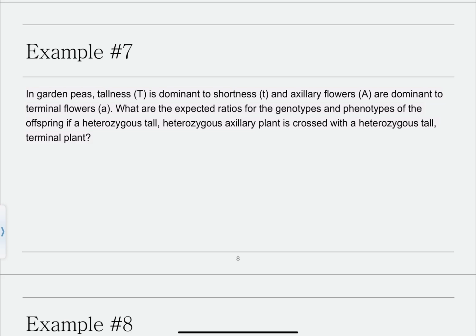I want to see what the genotype of a tall and axillary flower is, a tall and terminal genotype, a short and axillary, and a short and terminal.